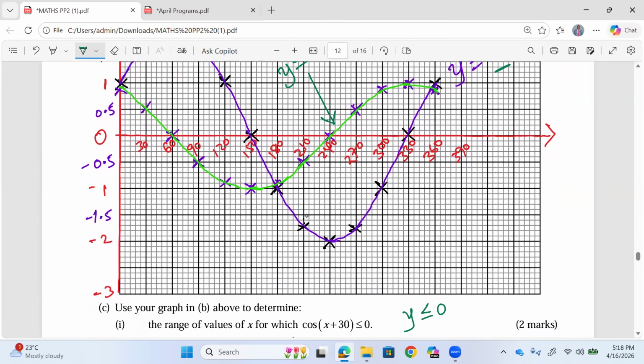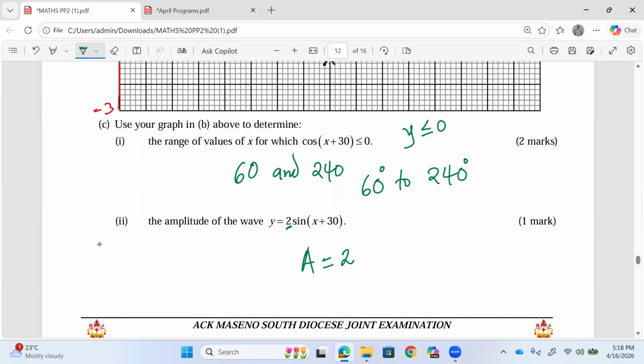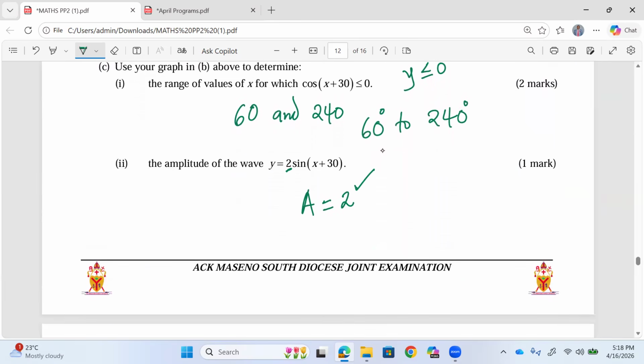And if you pick it from the lower side of the x-axis, you don't write -2, you write the absolute value. So it's 2. Amplitude is 2. Remember, generally, when a wave is given as y equals A sin(kx + beta), for instance, then the amplitude is the value of A. This is a very common question in section A, math paper 2.